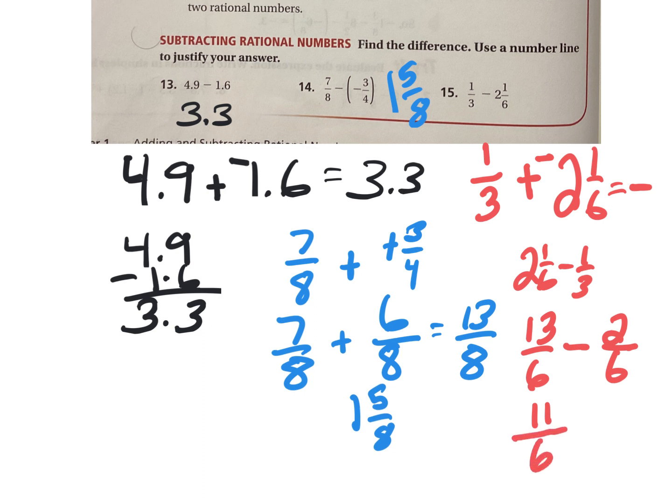And 11/6, 6 goes in there one time, and there's 5 left over, so 1 and 5/6. But remember, way up here, it was negative, so my answer is going to be -1 and 5/6. Hopefully you were able to get those same answers.